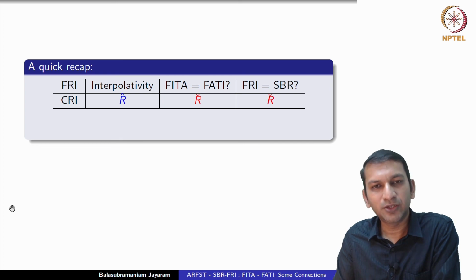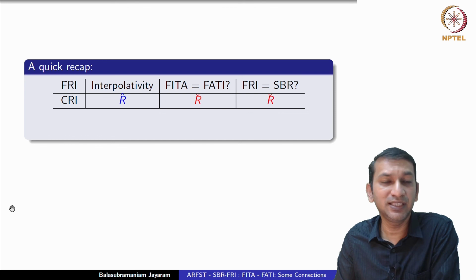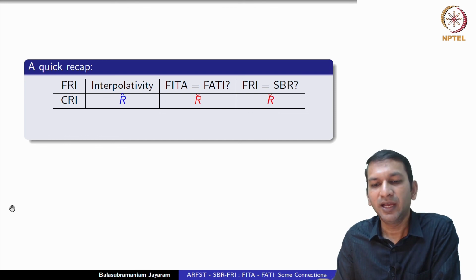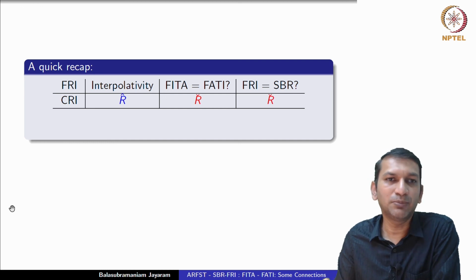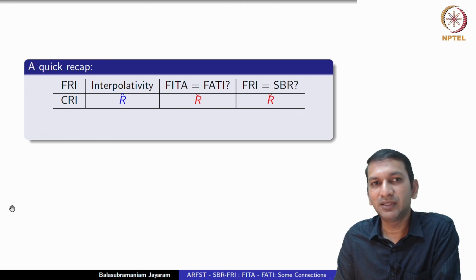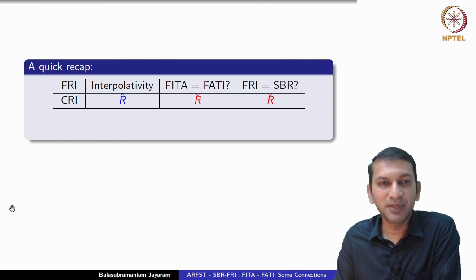When I wanted to answer the question of equivalence of FITA and FATI, or whether this CRI can be looked at as an SBR, it was R check that came to our rescue. That is, if you employ R check to capture the rules, then we know the output from FITA or FATI will remain the same, and such a CRI can also be looked at as a similarity-based reasoning scheme where the matching function is essentially Zadeh's matching function.